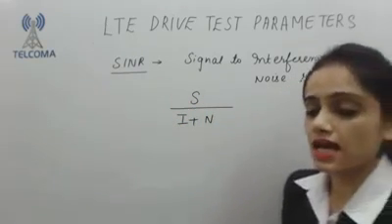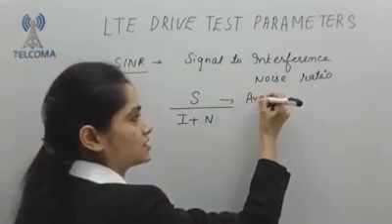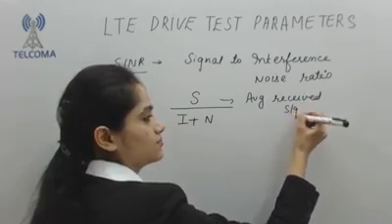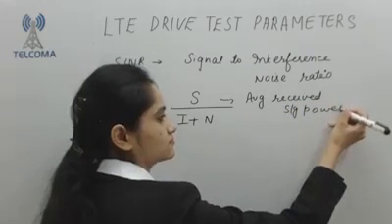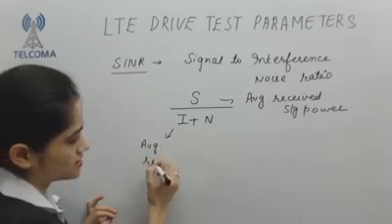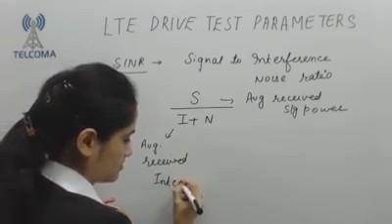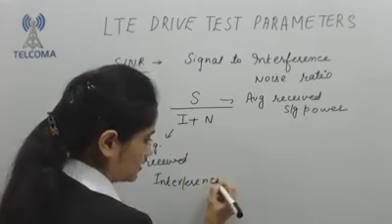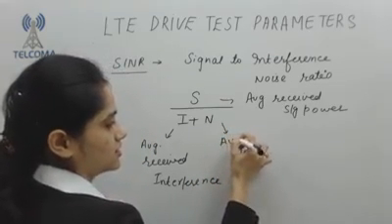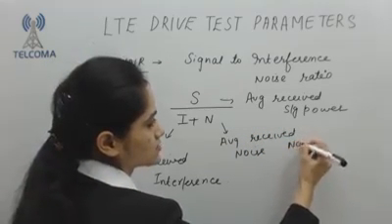Now what is S? This is the average received signal power. I is the average received interference, and N is my average received noise.